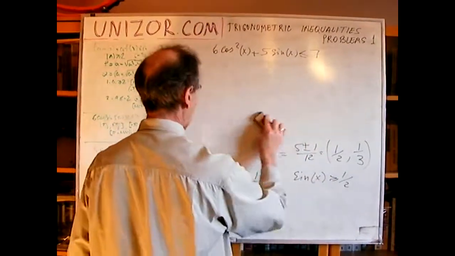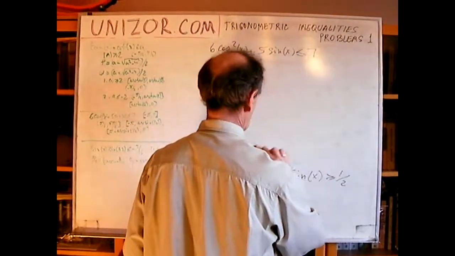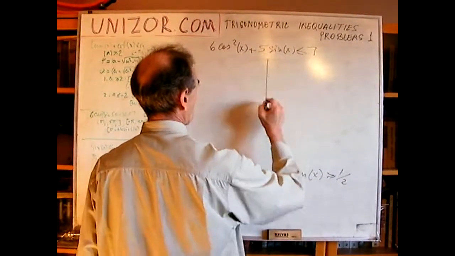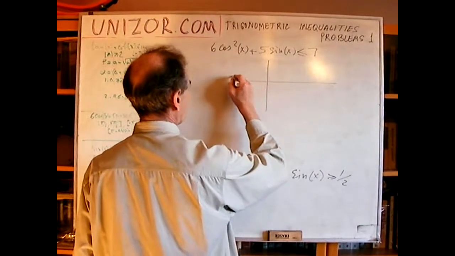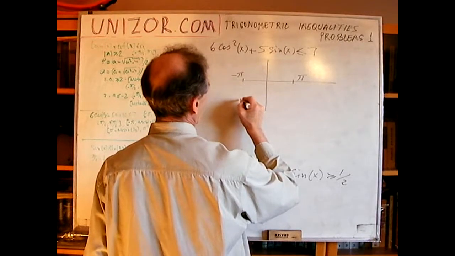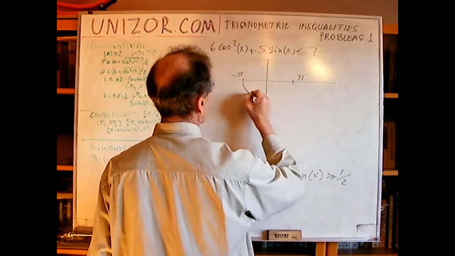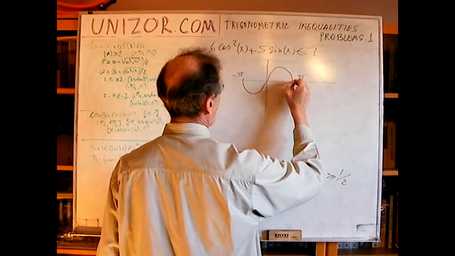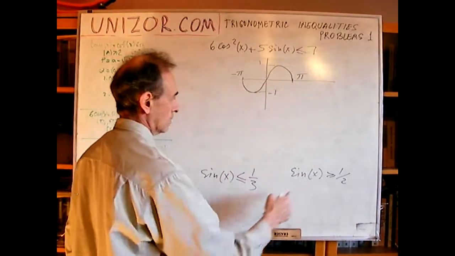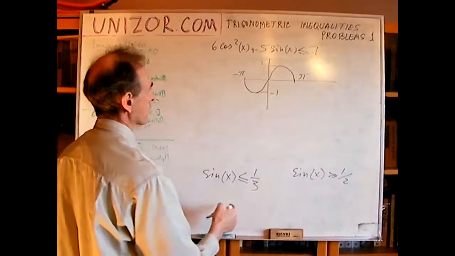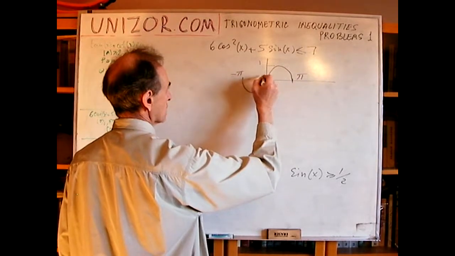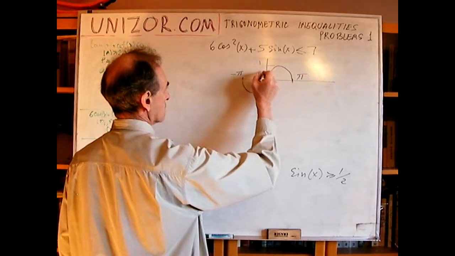Now let's go to the graph. Now it's easier. So, from minus pi to pi, sine goes like this. Right? This is minus 1, this is 1, and we're interested in 1/2 and 1/3. So one group of solutions is less than 1/3. Now this is 1/3, this is 1/2.